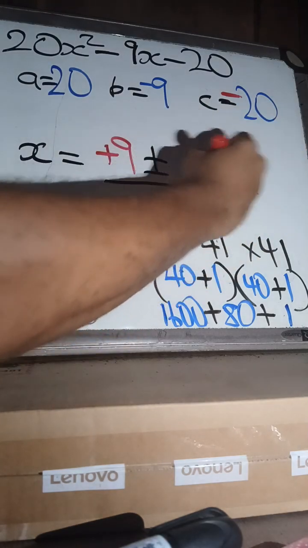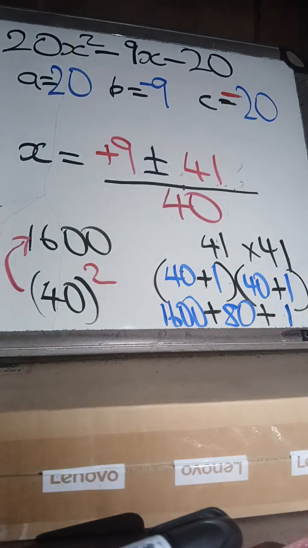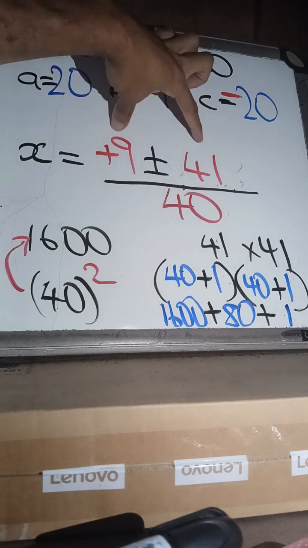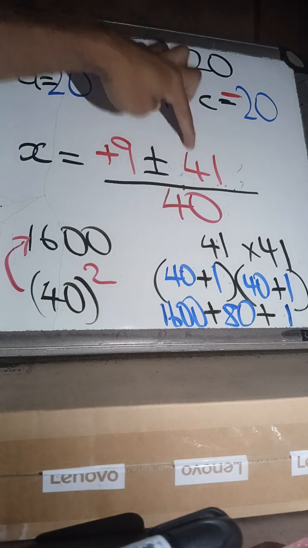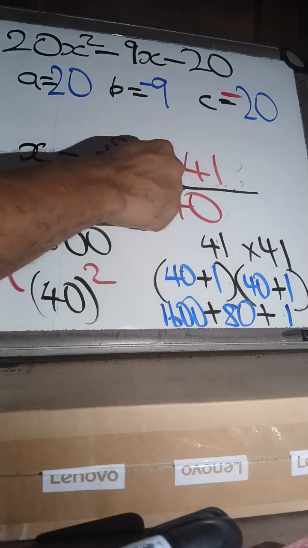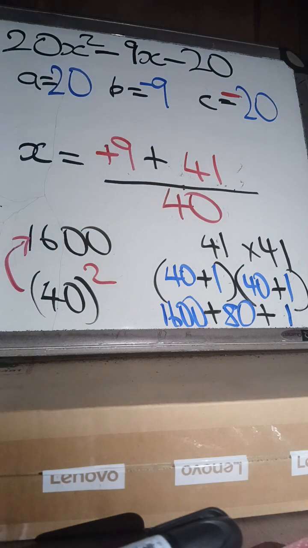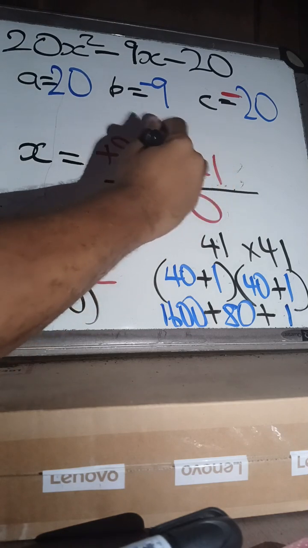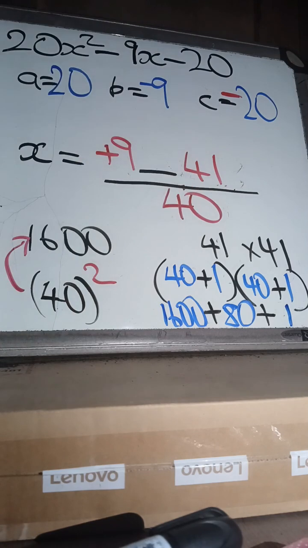And once you get here, you're in a good space, because this just means that either you have 9 plus 41 or 9 minus 41. So if you really want to figure out what it means, just rub out this. That's one of your possibilities. Or rub out that, and that's another one.